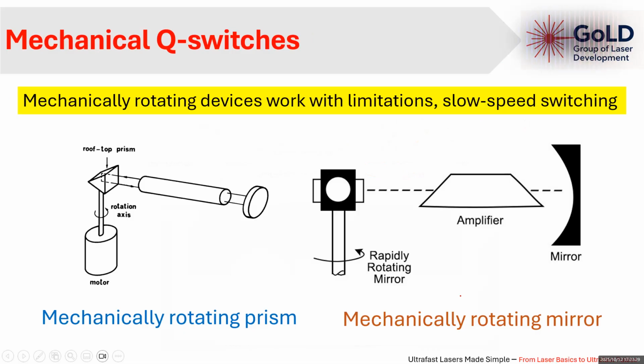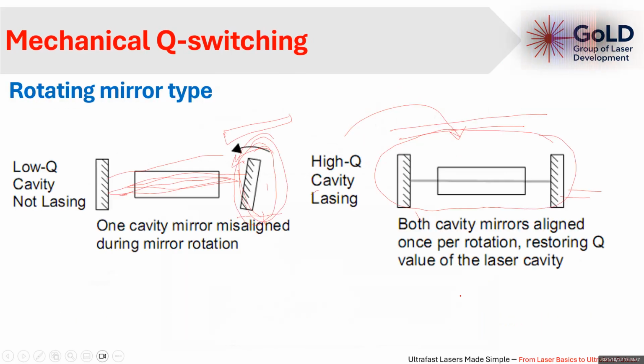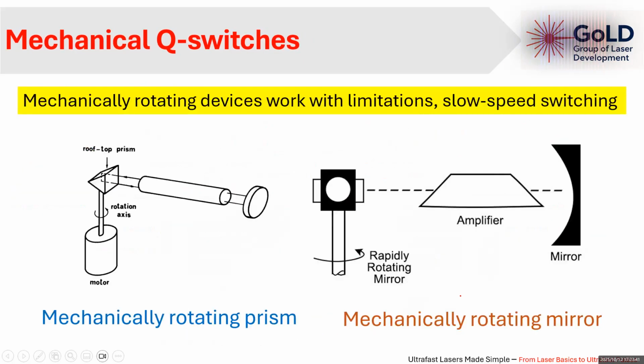The other one which we have observed in the first, actually this one here, is the rotating mirror type. You can see what the arrangement looks like in this slide. Here the cavity mirror is mounted and connected to a certain kind of motor, so it's rapidly rotating.